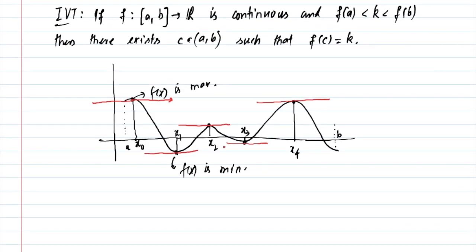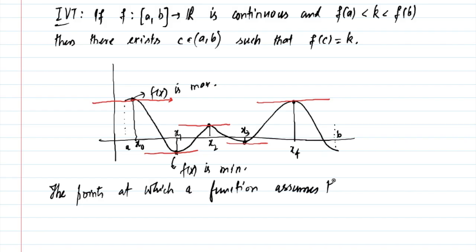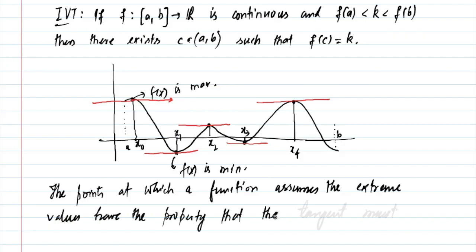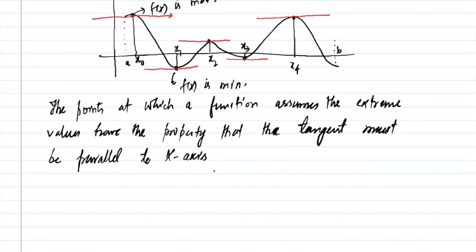So one nice property that we have for a point where a function can possibly have a maximum or a minimum value is that the tangent to the function at those points must be parallel to the x-axis. Thus the points at which a function assumes the extreme values have the property that the tangent must be parallel to the x-axis.